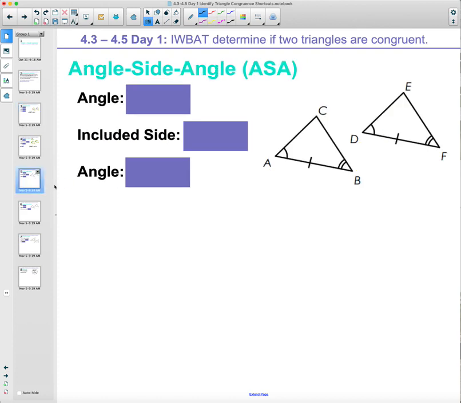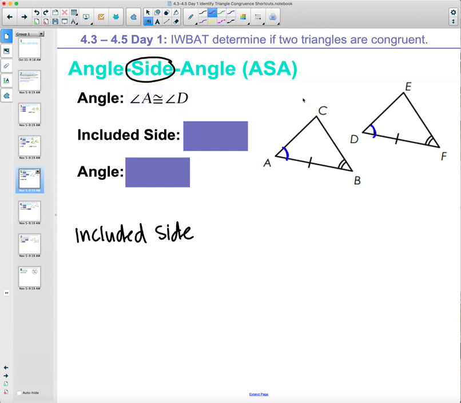All right, so then this one is angle, side, angle. So this time you'll notice that the side is between the angles. So this has to be an included side. So the side needs to be between the 2 angles that you see. So we notice we have this angle A is congruent to D. And then we also have that B is congruent to F. So then we need to look at the side and see if the side is between them.